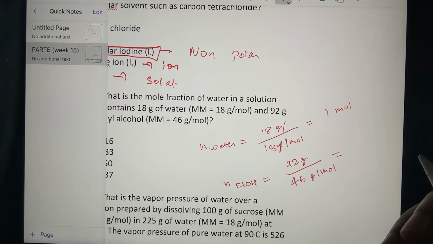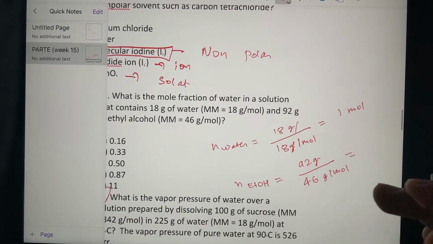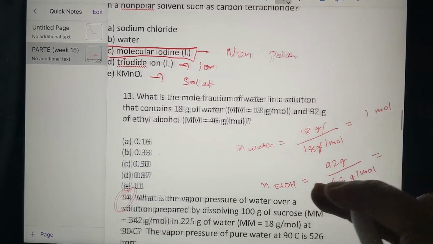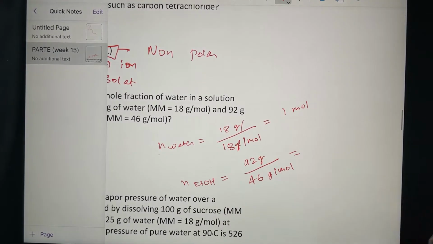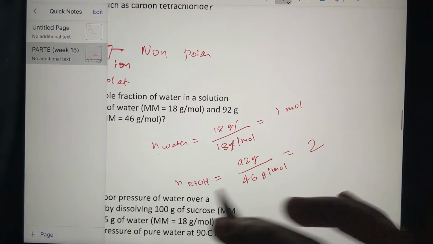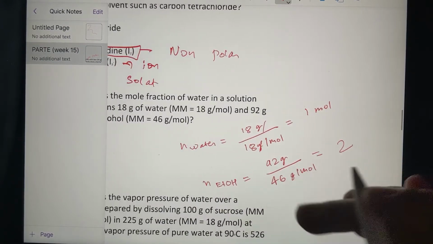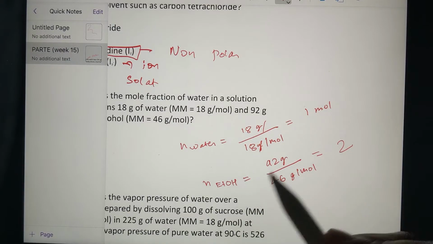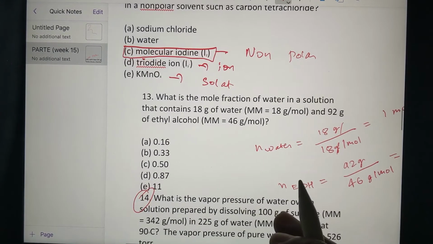So this is going to be around how much? 2. Okay, so now you have the number of moles of both water and ethyl alcohol.